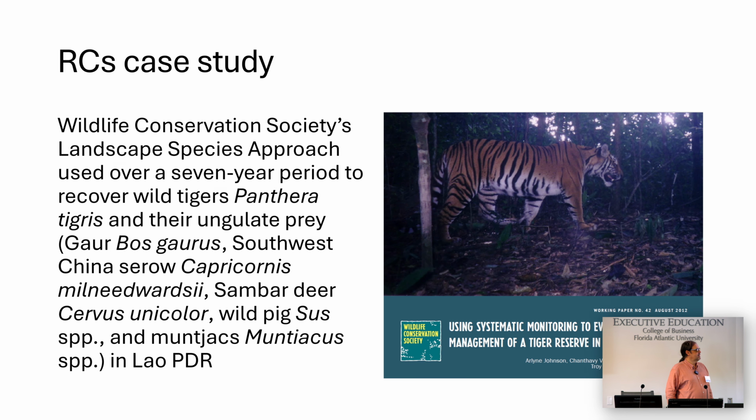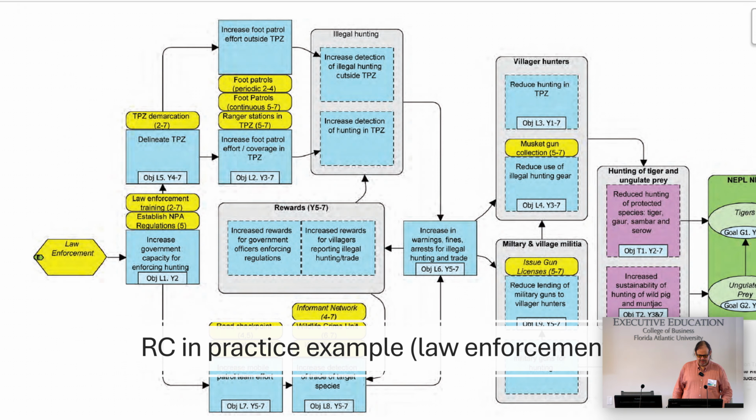So here's a case study I wanted to show really quickly of tigers and their ungulate prey in Laos, where they built a really cool results chain for protecting tigers from poaching. This is just a piece of it. Our initial decision on our strategy has to deal with law enforcement on the far right over here, and that leads to an increased government capacity for enforcing hunting.